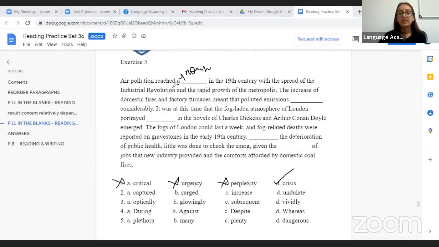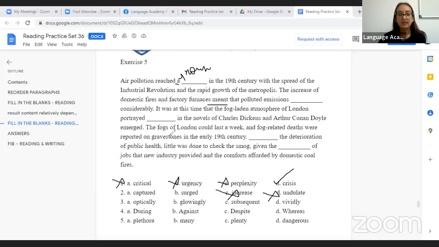So air pollution reached a crisis in the 19th century with the spread of the Industrial Revolution and the rapid growth of the metropolis. The increase of domestic fires and factory furnaces meant that polluted emissions dashed considerably. So we are in past tense. So we need an answer in past tense. So increase and undulate can be eliminated because they are present tenses.